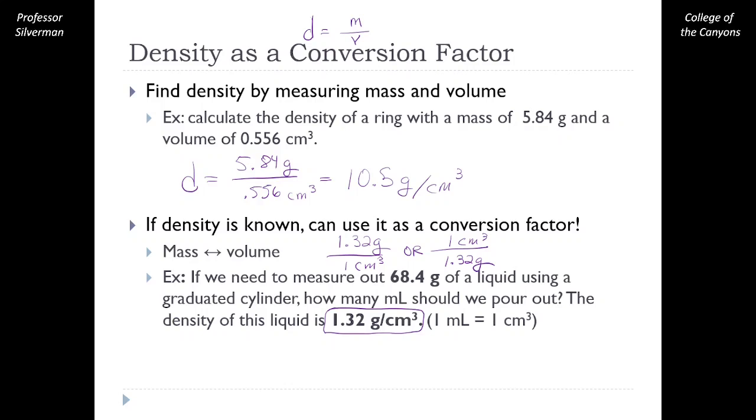For our practice problem here, we're starting with grams. So we can use that second form of our conversion factor to convert into cubic centimeters. One last step, this problem asks for milliliters instead of cubic centimeters, but that's okay.